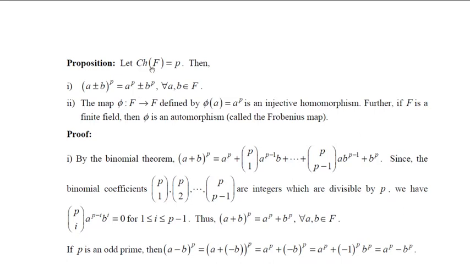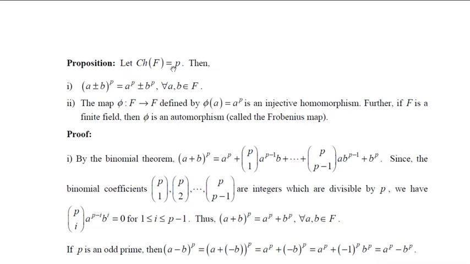And when the characteristic of a field is p, we know that p can be written as p times 1, and p times 1 is simply 0. So this becomes 0, and 0 times anything is 0. Similarly, pC2 is p(p-1)/2, where p can be written as p times 1, and p times 1 is 0.